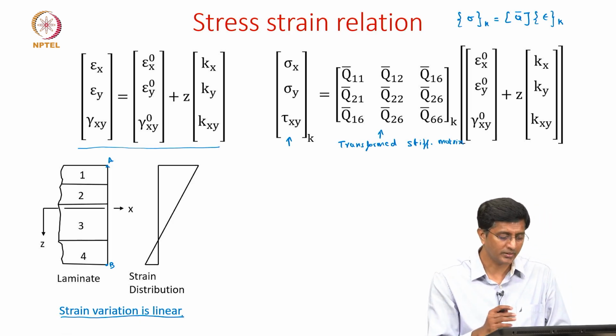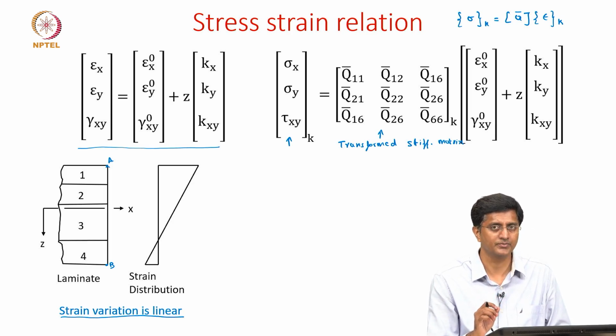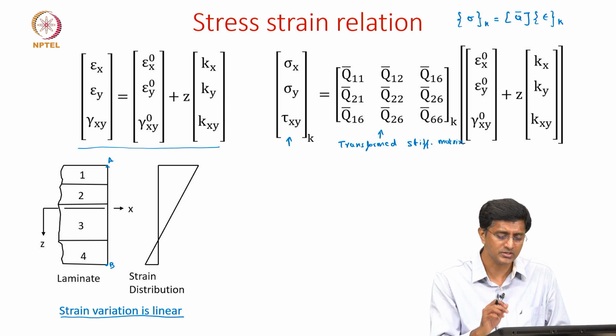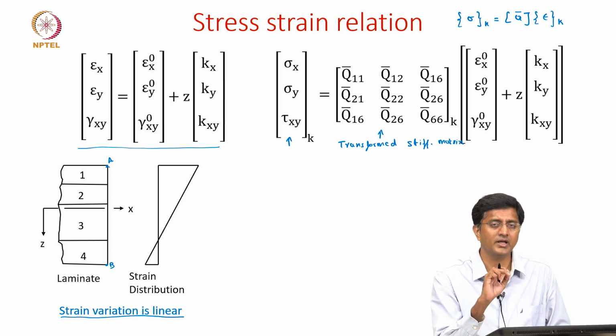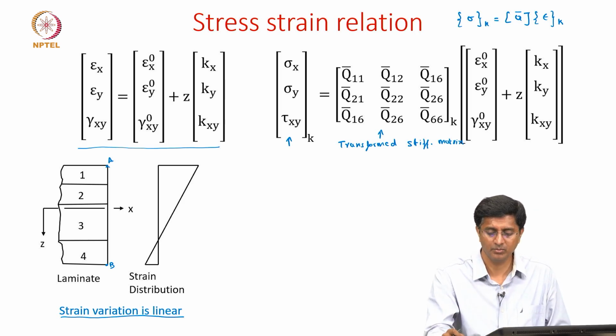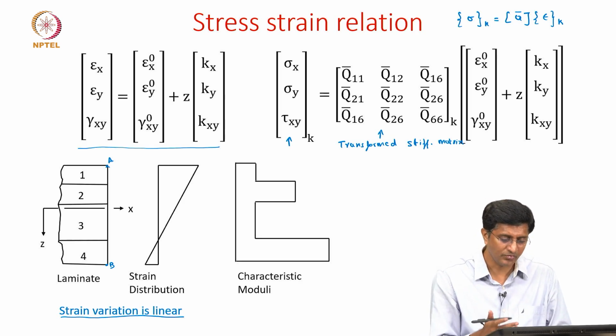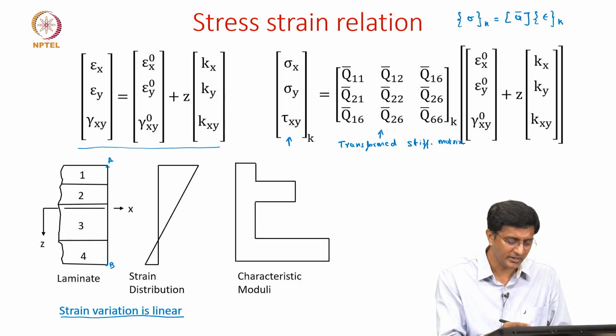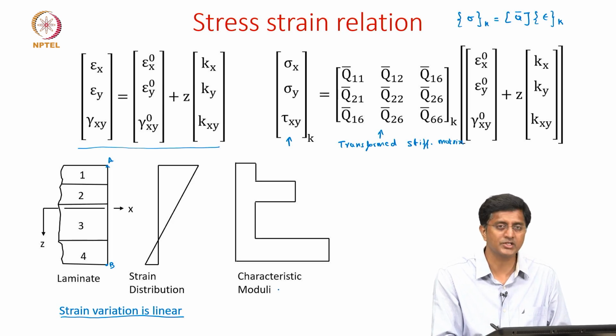Okay, but can we say the same about the stress or not? The answer is no, because each layer can have a different Q matrix. Meaning, let's think of it like each layer is made up of one characteristic modulus.